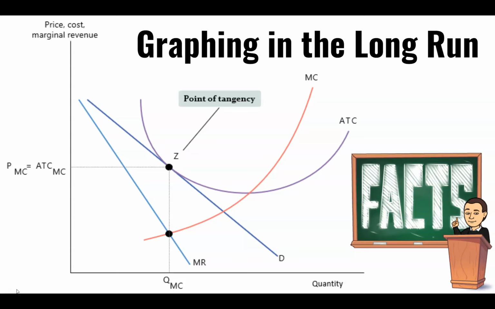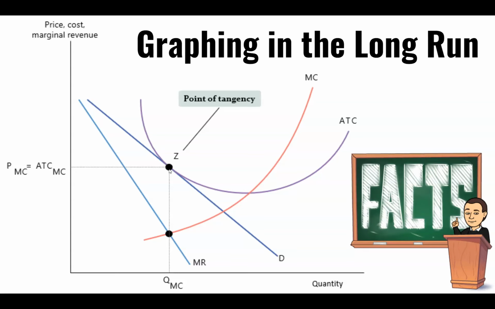Having the long run quantity and price correspond to a point of tangency with the ATC curve does create something known as excess capacity. Firms could produce more of their product and lower their average total costs, but they choose not to because it's not profitable for them. So what we will find is that firms in monopolistic competition and firms in monopoly will produce along the economies of scale portion of the ATC curve.